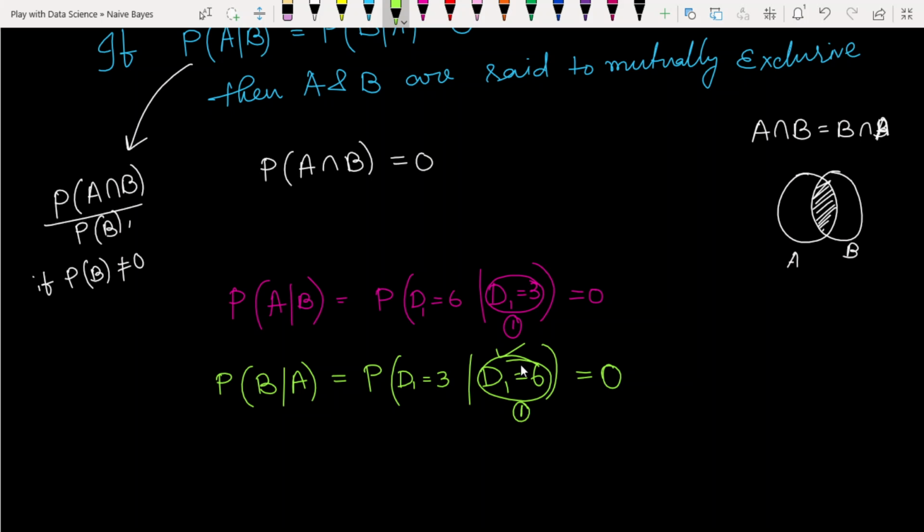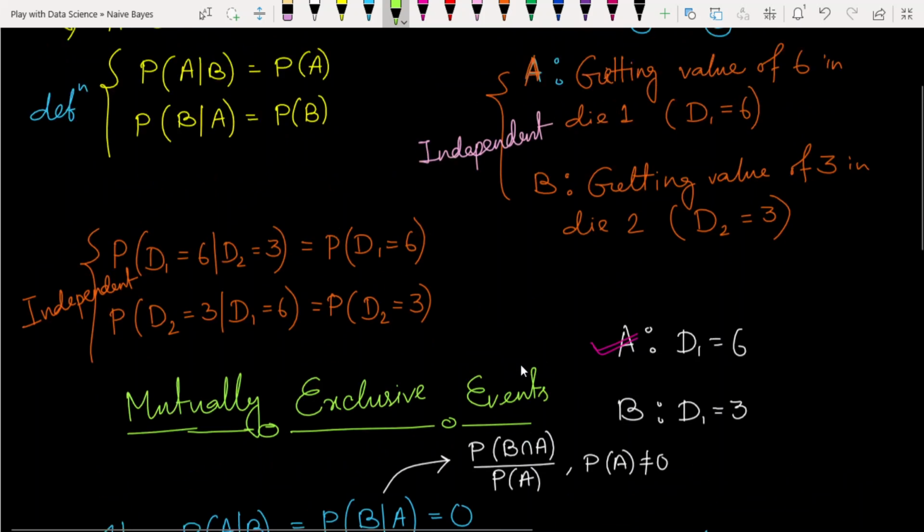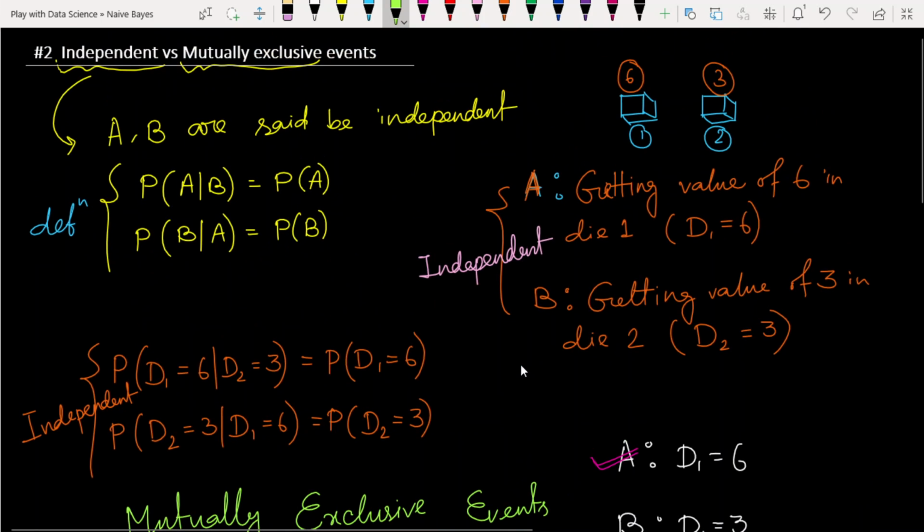Now I think the two concepts, mutually exclusive and mutually independent, are clear. Many of you may be masters of probability theory, but these two concepts are often imprecise. What is the main difference between mutually independent and mutually exclusive? Mutually independent means totally independent, and the conditional probability may be anything.